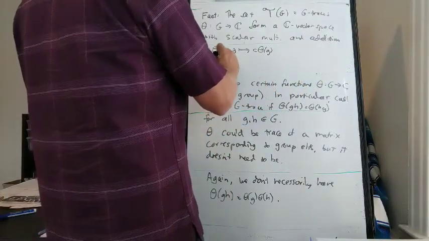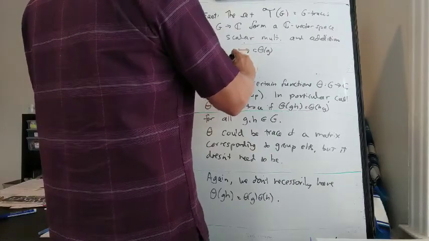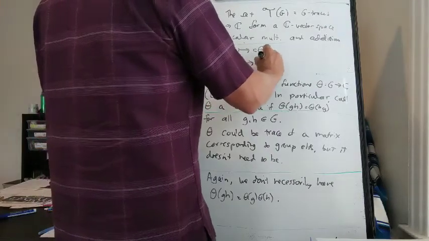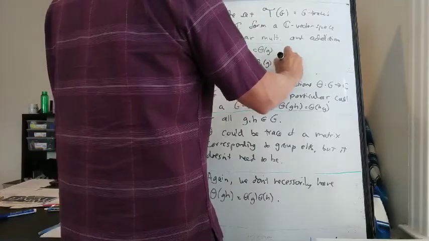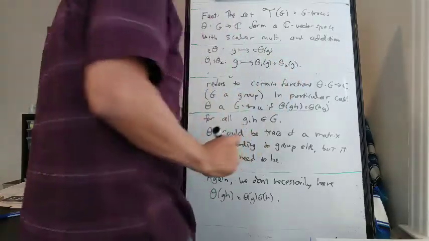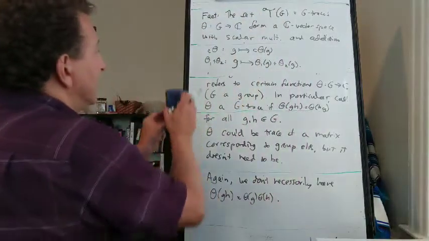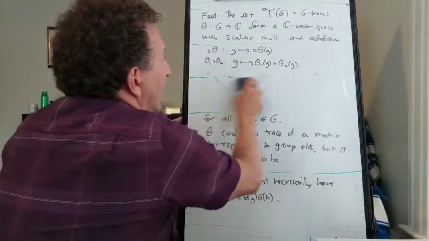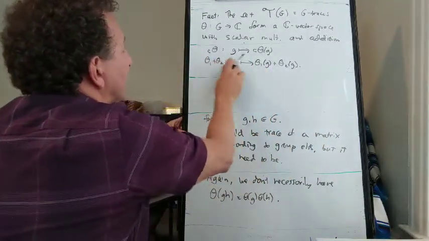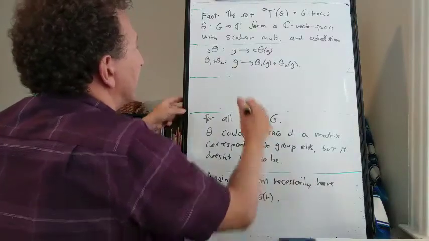So theta 1 plus theta 2 is the function that takes G to theta 1 of G plus theta 2 of G. So it's easy to check that the resulting functions are still traces.